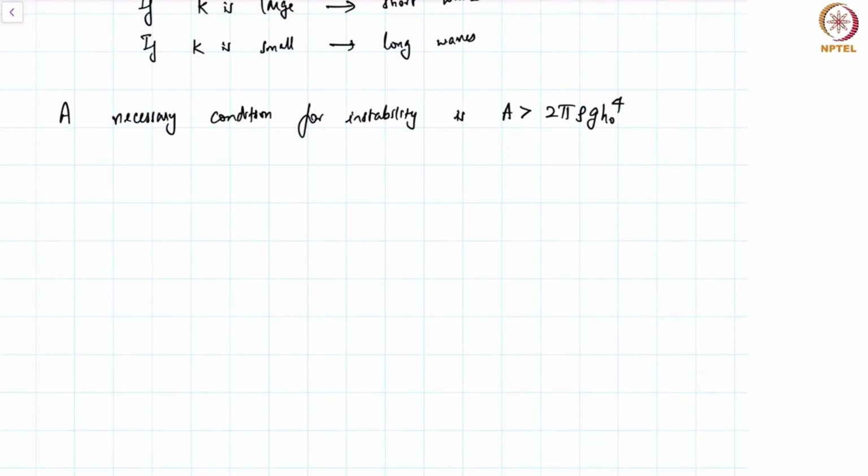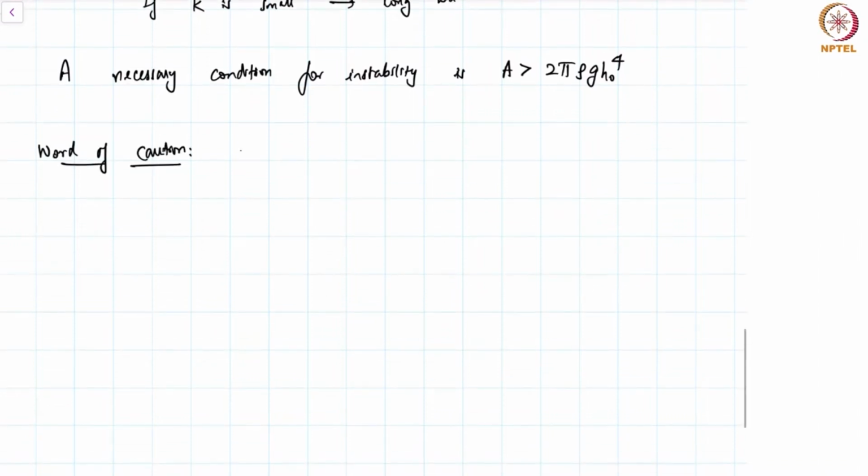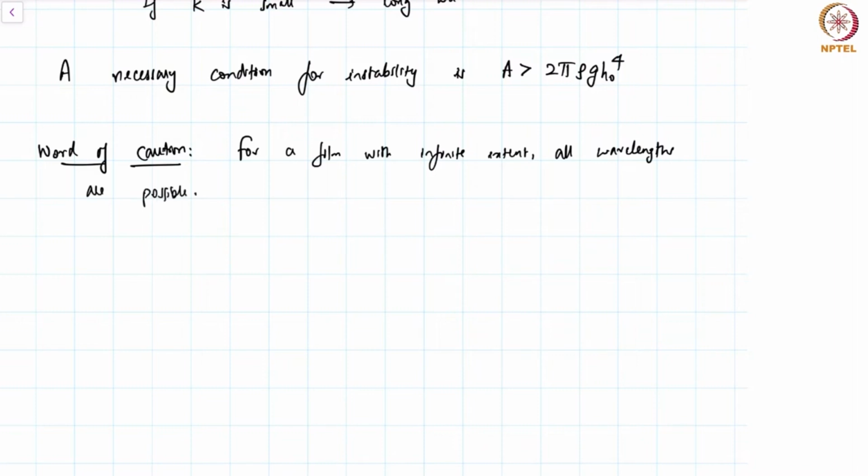So we have to have a word of caution here. For a film with infinite extent, all wavelengths are possible. Right?